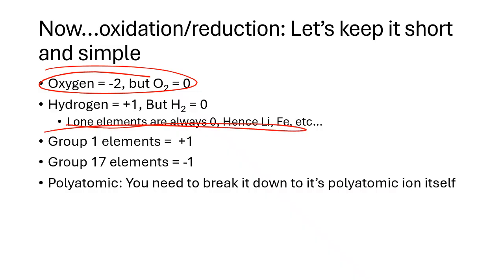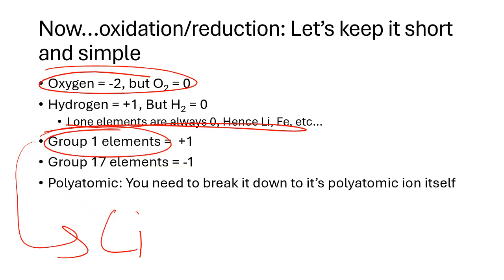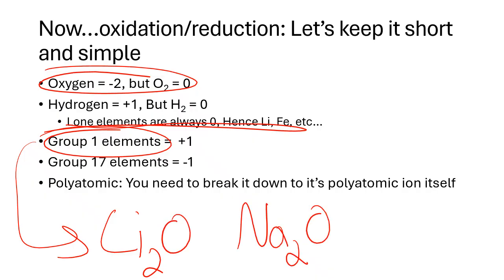Group 1 elements, like lithium, when in a compound, I guess I should say. So like lithium in a compound, or sodium in a compound, or potassium in a compound, it's always a +1.